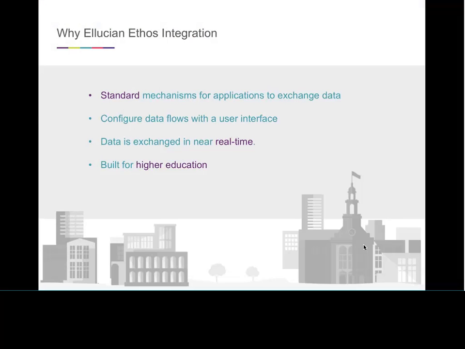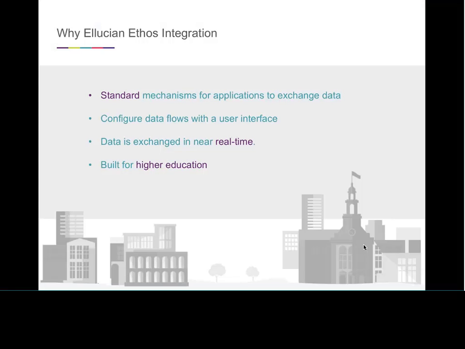All right, so we took a quick look at the administrative dashboard, publishing a change out of an authoritative source, and consuming that change from the Ethos Integration system. You see that the Ethos Integration system provides a very standard mechanism for these various applications to exchange data using the Ethos data model. Ethos data model provides a common language definition of those resources.